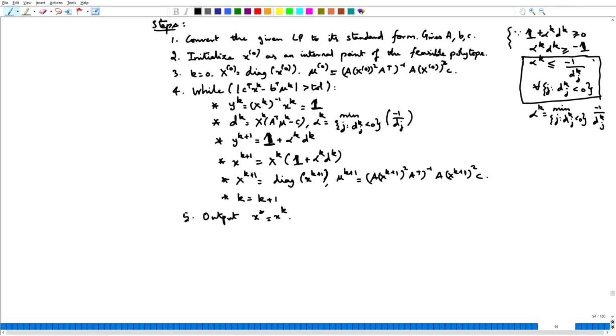It could be a problem because we are having capital X 0 as a diagonal matrix consisting of x 0, and X 0 is involved in inverses. You can see Y k is capital X k inverse into x k. So, if capital X k has zeros, that is actually a problem.